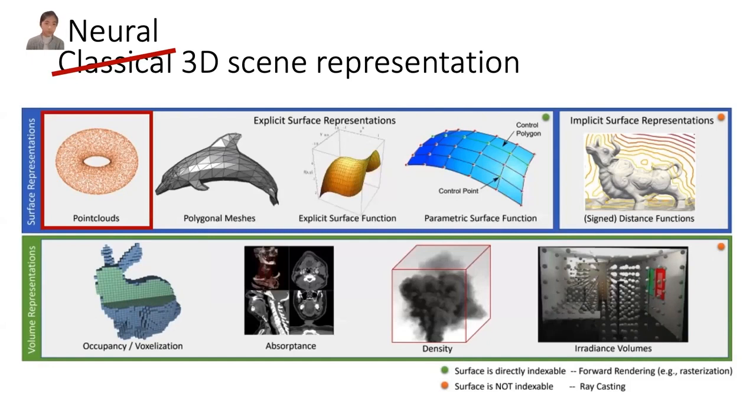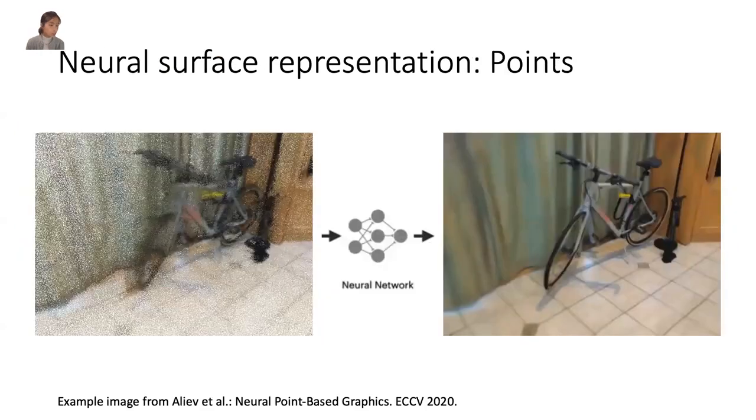Now we can move to some concrete examples of neural rendering. I'm going to walk you through some examples based on the different geometry representations. First, let's have a look at point clouds. Points are usually represented with their 3D Euclidean coordinates.